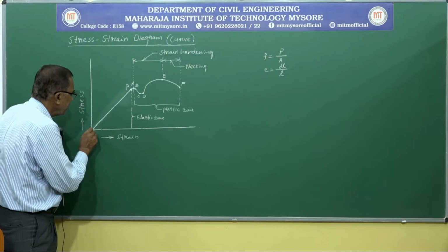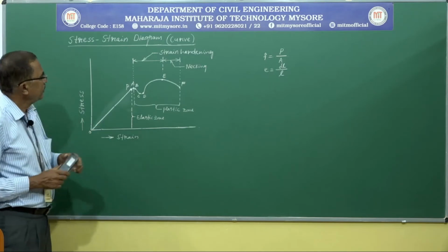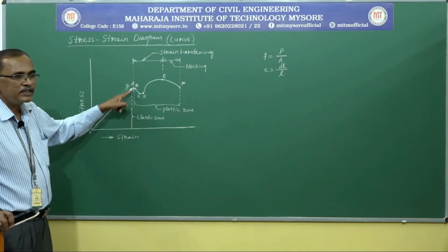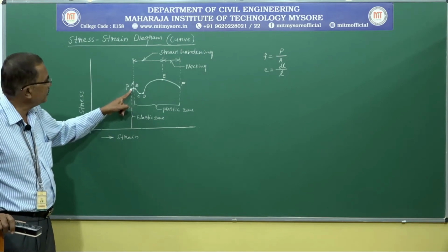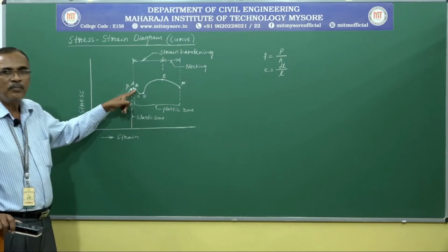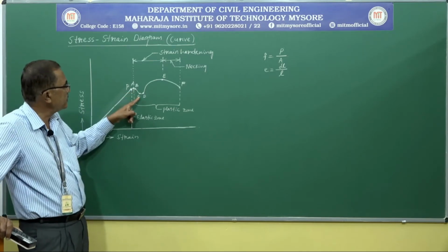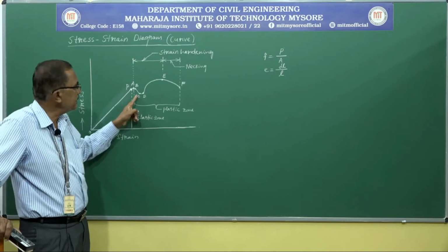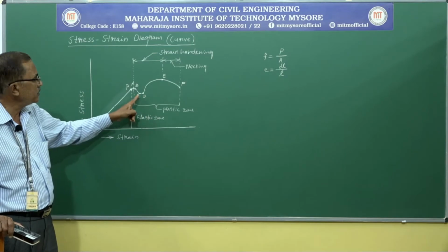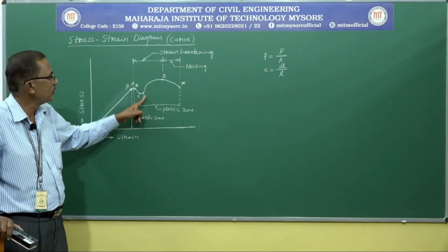Based on the salient points we can designate the points. Point P is known as the proportional limit, the stress corresponding to point P is known as the elastic limit. B is known as the upper yield point and C is known as the lower yield point. CD is the yield range. Stress corresponding to the range CD is known as yield stress.